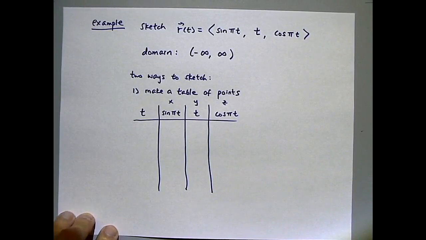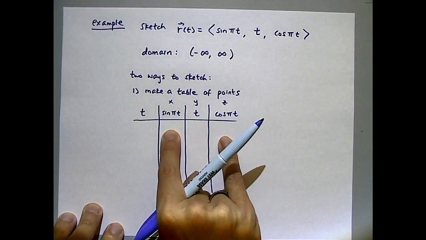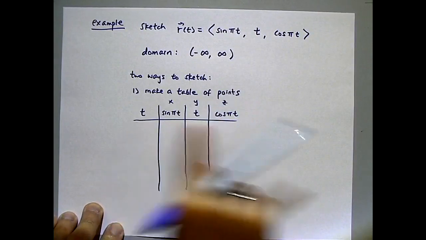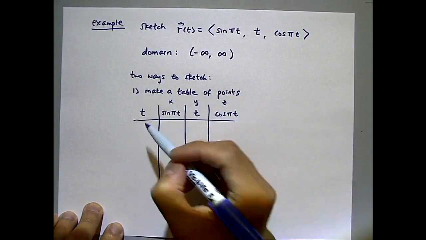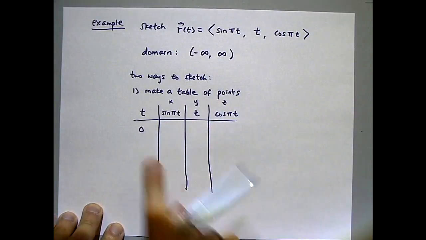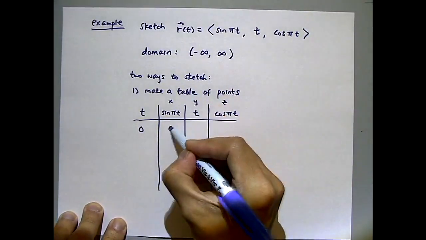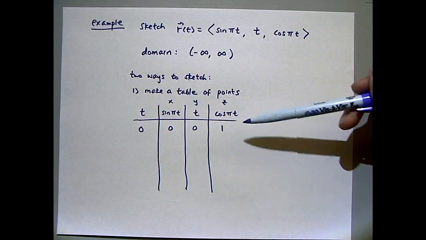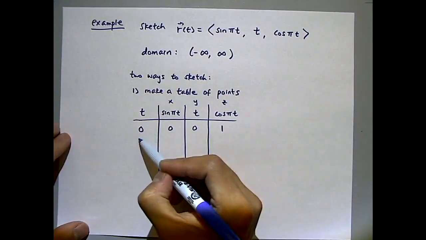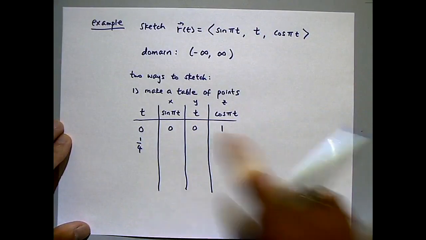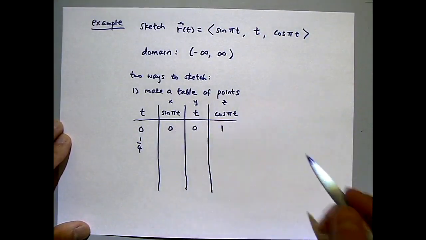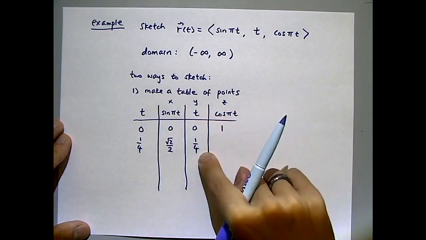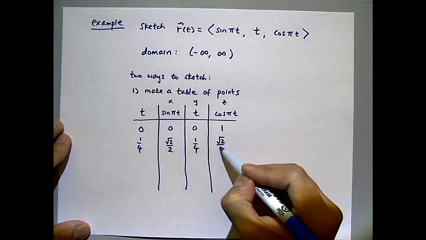All right? So we all know what sine and cosine do. Basically, if you can figure out part of what they do, they just repeat over and over again. And let's choose a few convenient values of t. 0 is a good number. At 0, we have (0, 0, 1). So the first dot we can put down is (0, 0, 1). If t is 1/4, then we have sine of pi over 4, and that's square root of 2 over 2, 1/4 for y, and then square root of 2 over 2 for z.